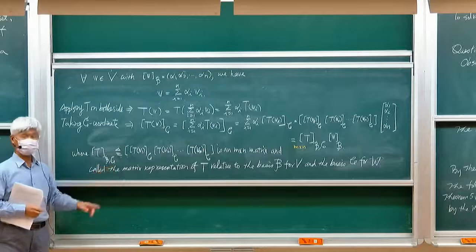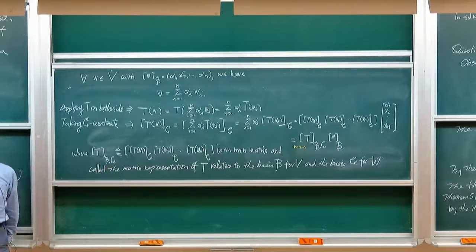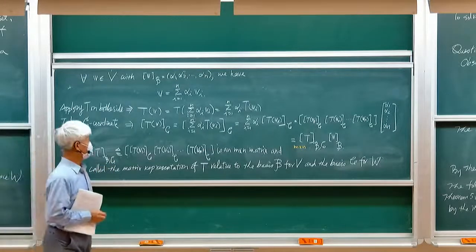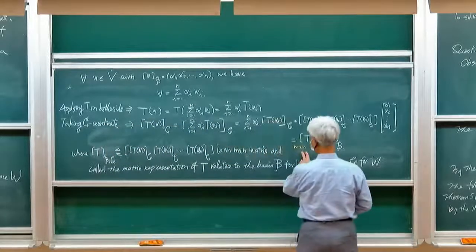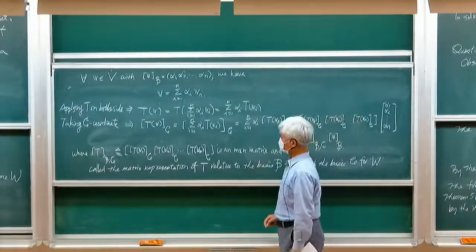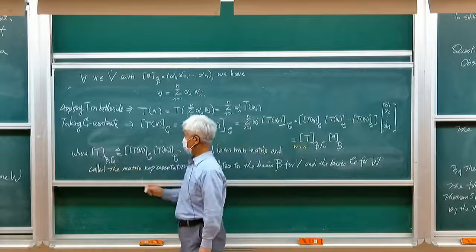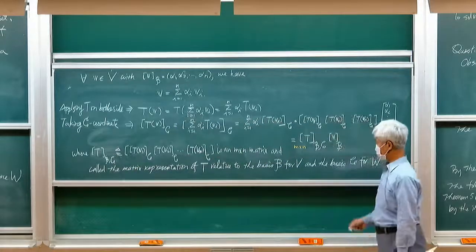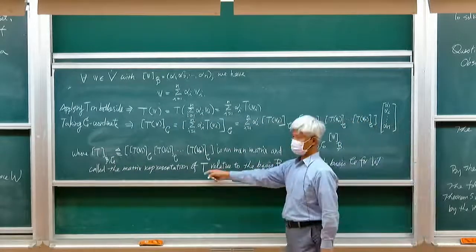The second one is the basis for the codomain. And it's indeed an m times n matrix. So it's called the matrix representation of this linear transformation T.